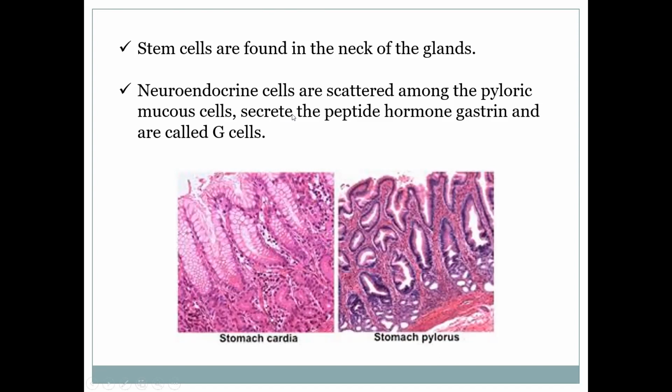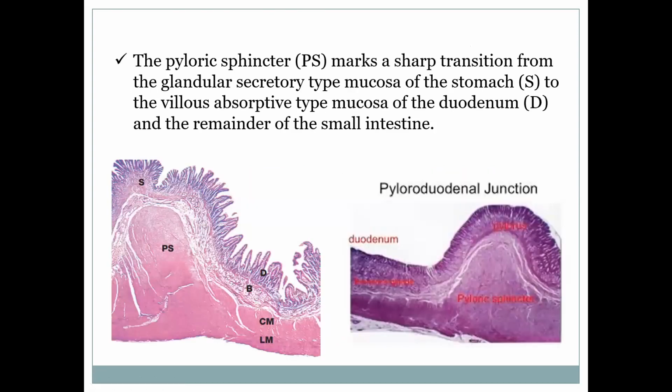These neuroendocrine cells are the ones that secrete the peptide hormone called gastrin. That is why those cells are called G cells. And this picture shows the area of the pyloric sphincter.